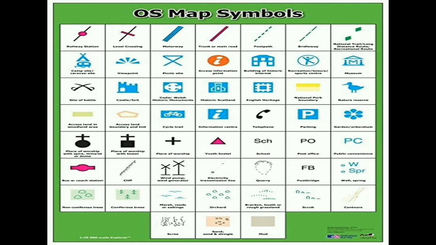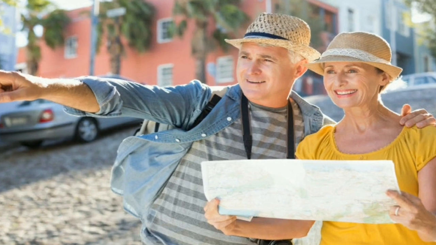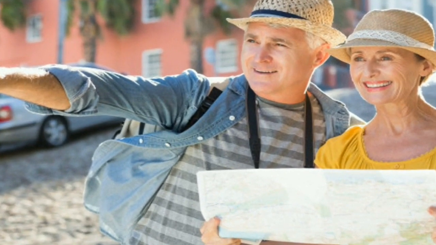These symbols are inserted in a map so that it makes things easier for the people who are looking at it.